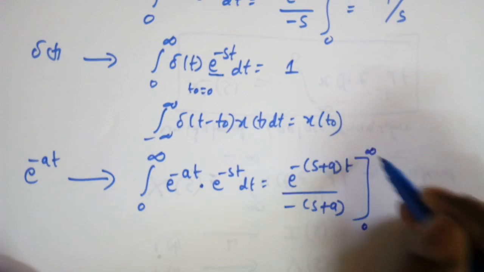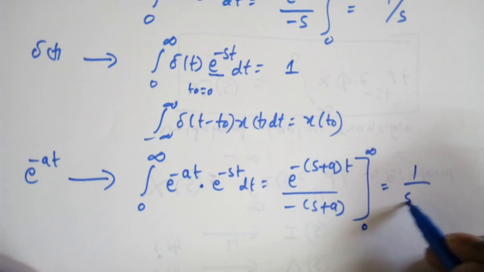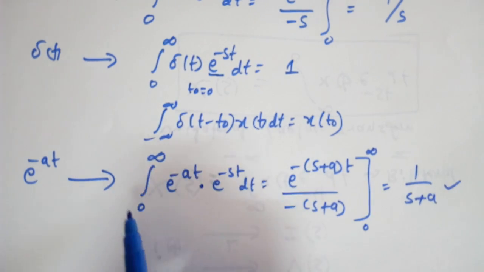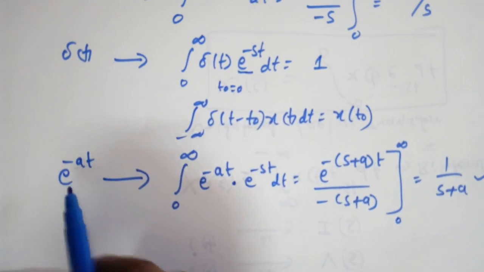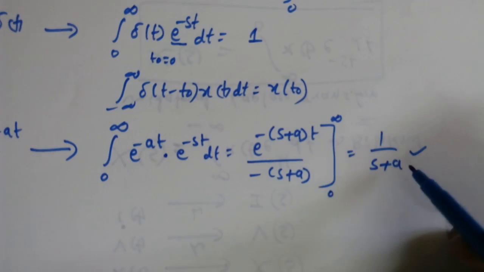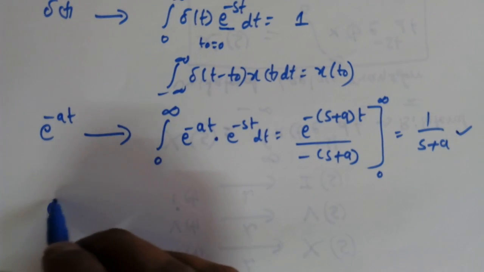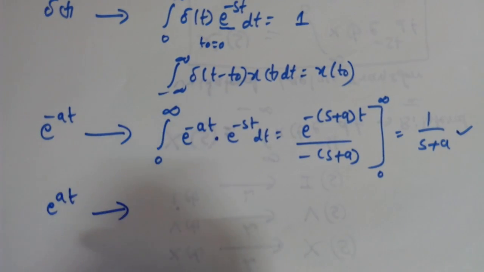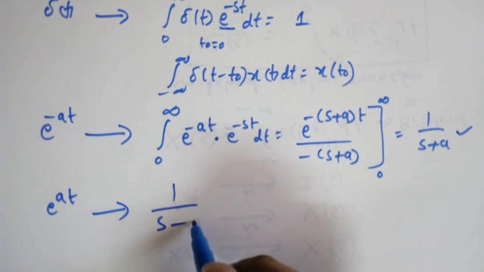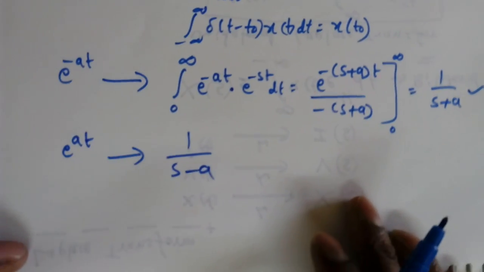If I substitute the limits, I will get 1 by s plus a. That means whenever we see e power minus at, when we take Laplace transform directly, it will become 1 by s plus a. Similarly, if I want e power at, directly it will become 1 by s minus a.